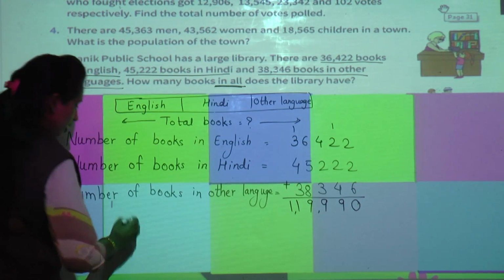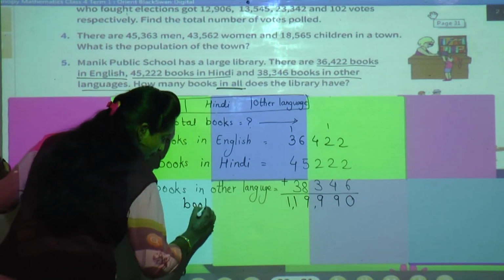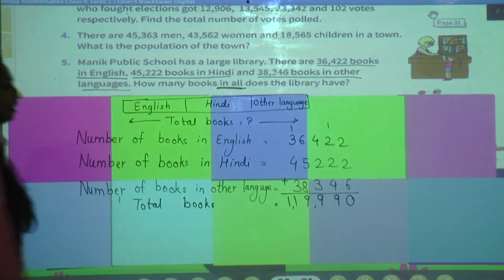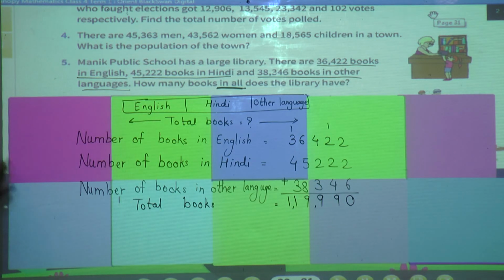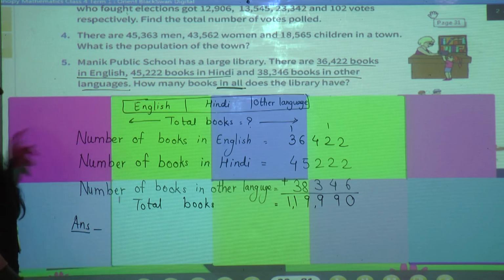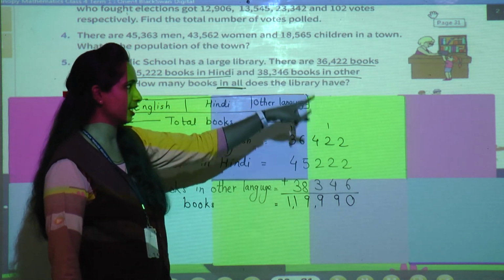What is the total number of books? So here you have to write total books. How many are there? 1,19,990. So now we have to write the answer in a sentence. See the question: how many books in all does the library have?